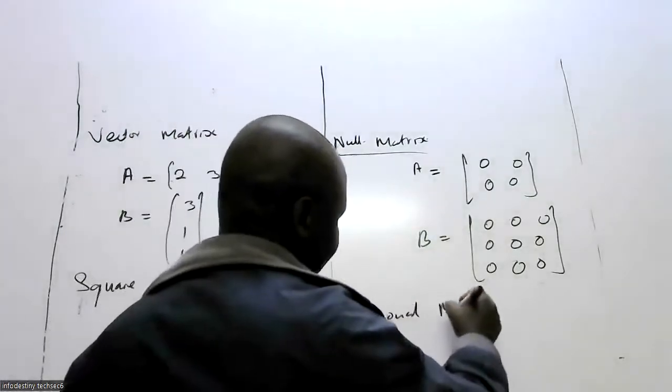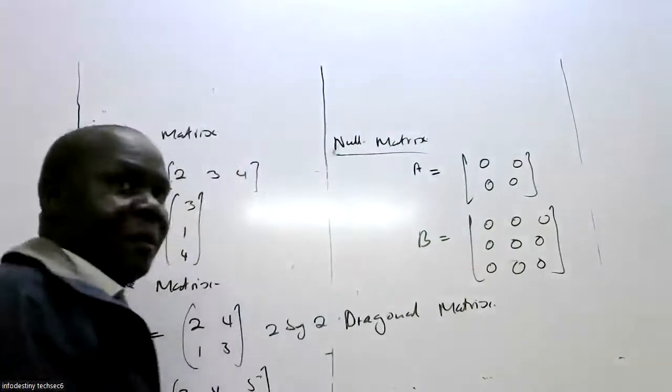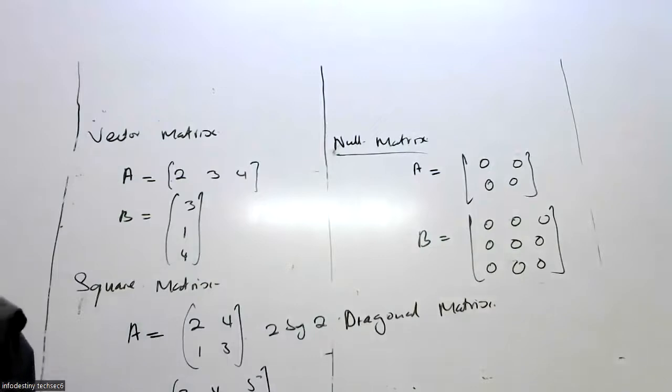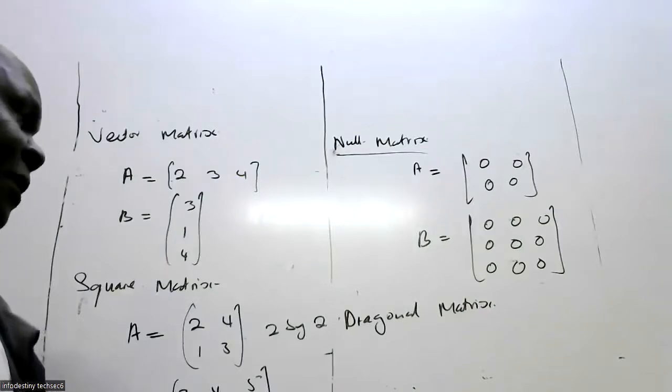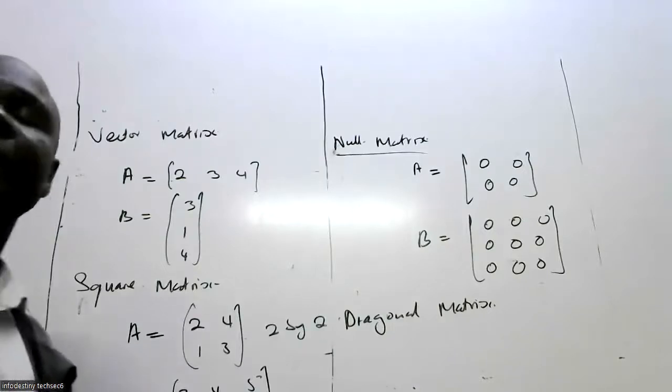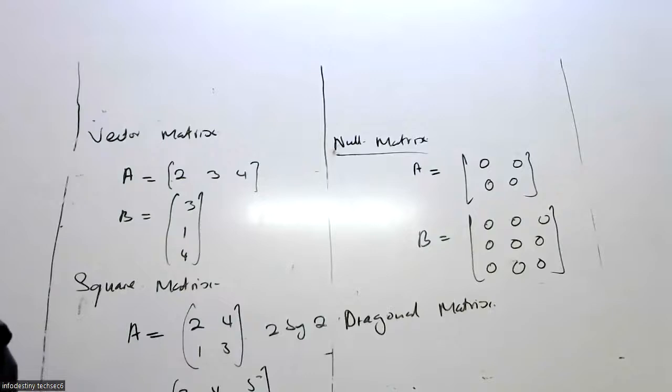When we talk about a diagonal matrix, it is a square matrix whose every element is 0, apart from at least one in the primary or the leading diagonal.